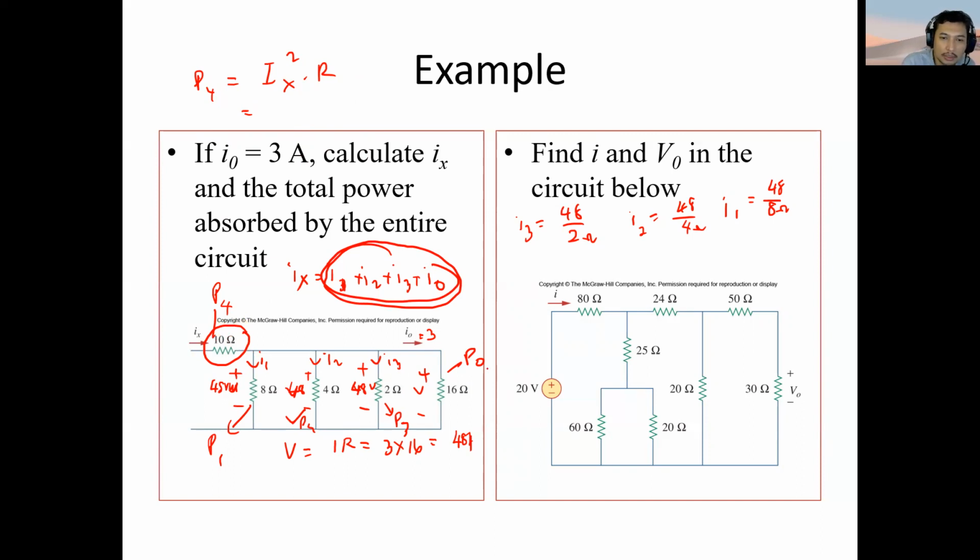So since this is all resistor, the power is actually positive. Okay, so the total power is actually P1 plus P2 plus P3 plus P4 plus P0. Okay, that is your total power.